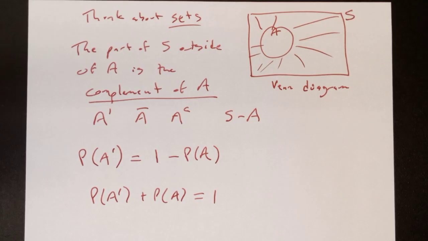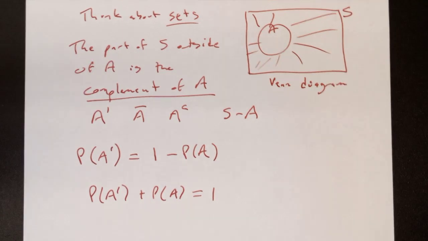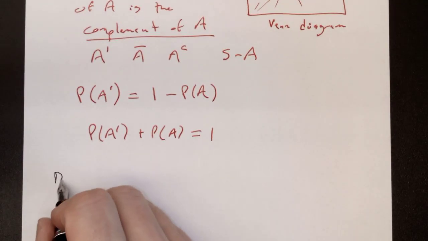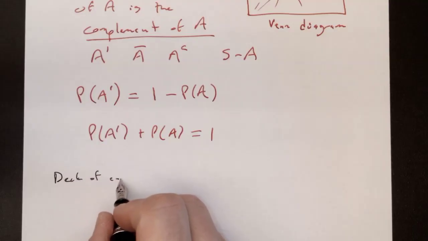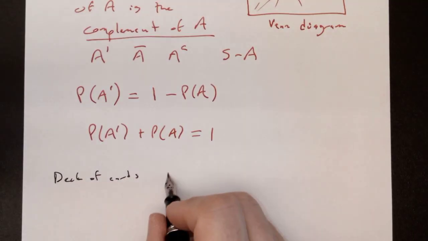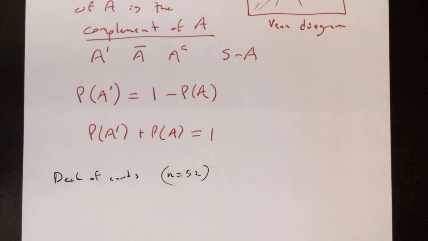I have more than one descriptor for any card in the deck. Yes? I have suit, I have color, I have value for each card. So if I have a deck of cards, 52 cards in the deck, half of them are red cards.